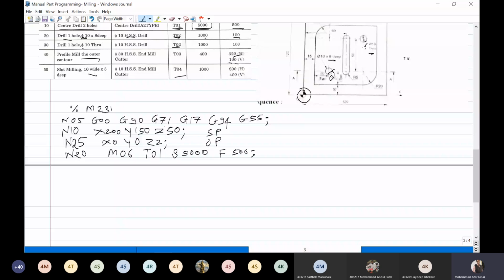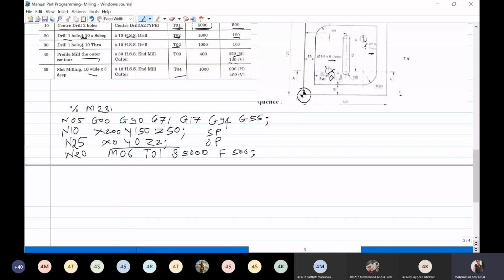So at the time of programming, it will take N10 first, then N20, then it will move to N25, because first it should check the tool, then it should move to this origin position. By mistake, I first moved that, so you can edit in this way also. So N10, then N20, then N25, and it will move to this origin position.